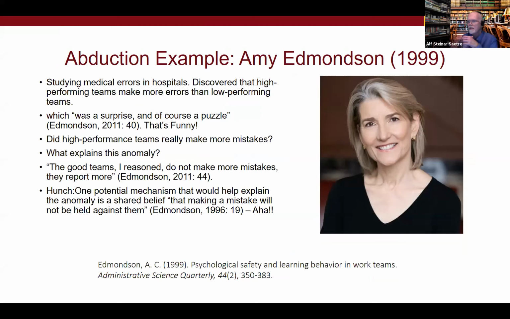In the grand scheme of things, at some hospital, I don't know where it was, but since Amy is in Boston, let's say it's a hospital in Boston, that's not an important thing that's going to change the world. But her explanation of the phenomenon did make a huge impact. Psychological safety has been tremendously impactful. The anomaly in itself, not so much, but the explanation was important in the grand scheme of things.